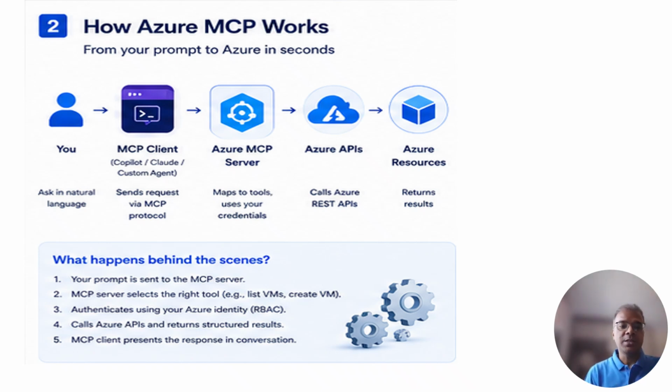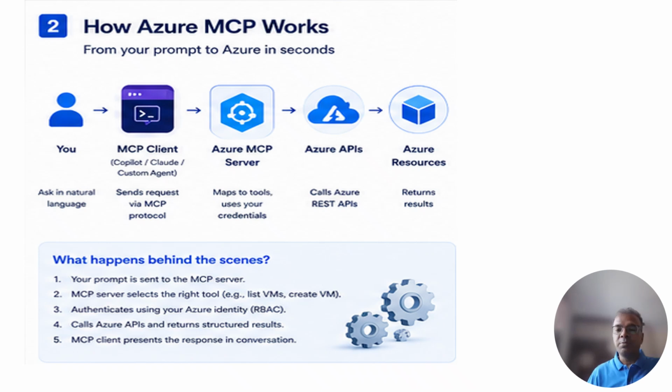So what happens behind the scenes? Your prompt is sent to the MCP server. The MCP server figures out, okay, what is the user's intent and what does the user want to do, and based on that, it will pick the right tools. A tool could be list VMs, create VM, and things like that.